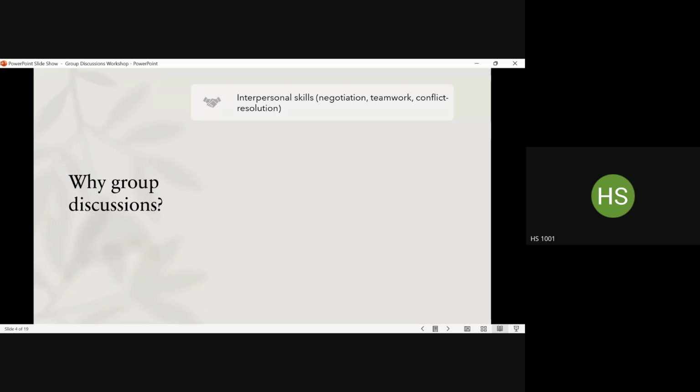Now, the funny thing is, you do not actually get to learn any of these in a university. Okay? The university, however, does provide you a space wherein you can interact with others, wherein you can expose yourself or yourselves to conditions where you'll need to negotiate or work together as a team or resolve conflicts, such that your interpersonal skills can develop.